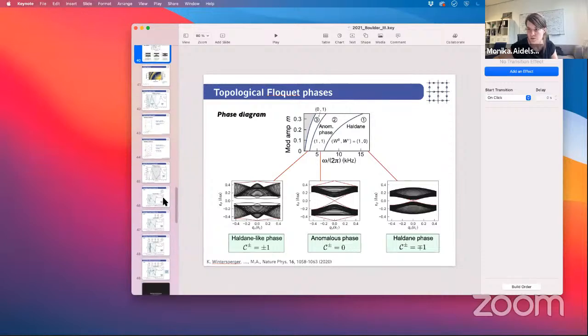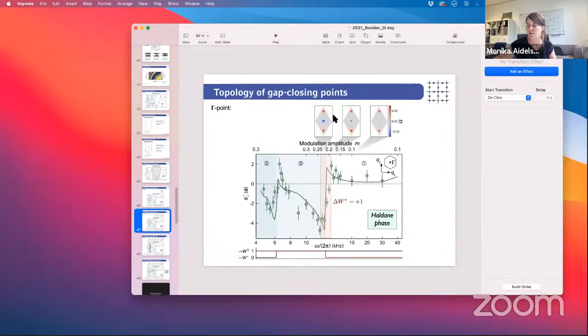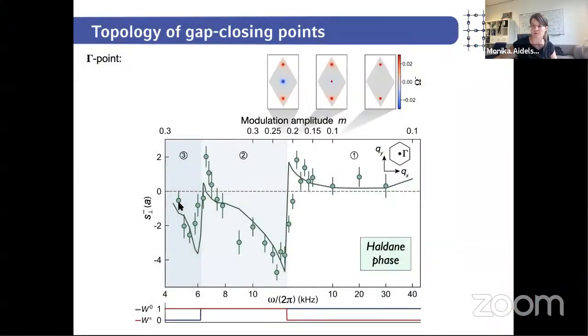Let me actually see. Yeah, so here you see the order of magnitude of this deflection. A is the lattice constant, which in our case is something like 300 nanometers. For these measurements, you get a response on the order of 4 lattice constants, which is challenging to resolve.